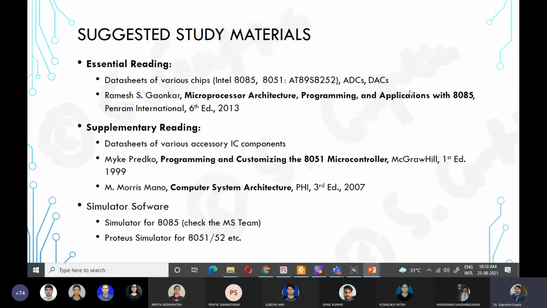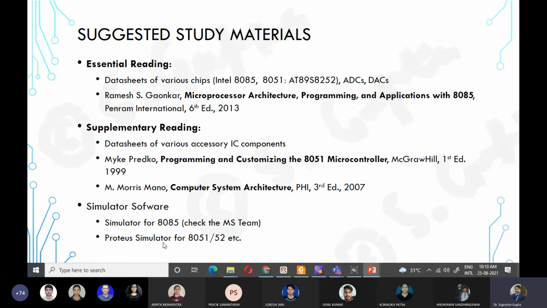Apart from these IC datasheets, you also have to read other ICs which will be required from time to time in our course. Then you can follow Programming and Customizing the 8051 Microcontroller by Mike Predko, and Computer System Architecture by Maurice Mano. For simulator software, we will be using a simulator for 8085 and Proteus simulator for 8051.